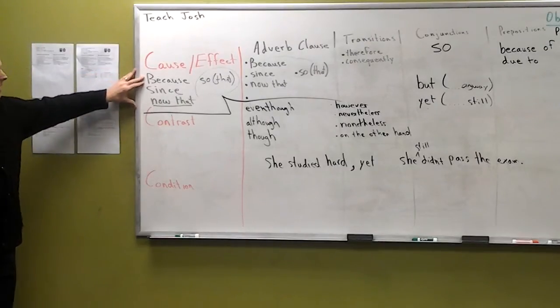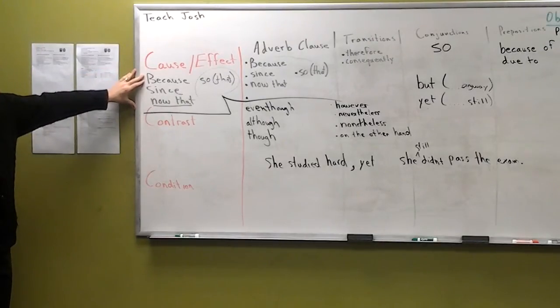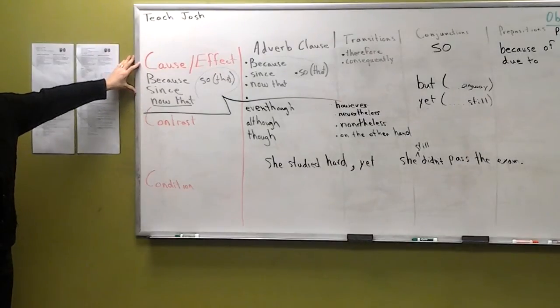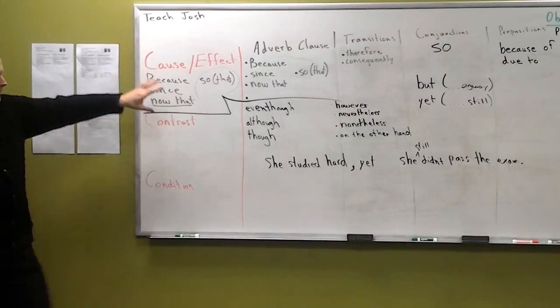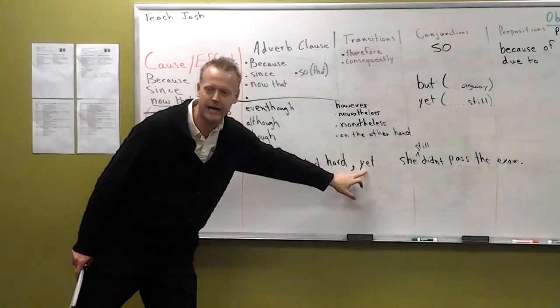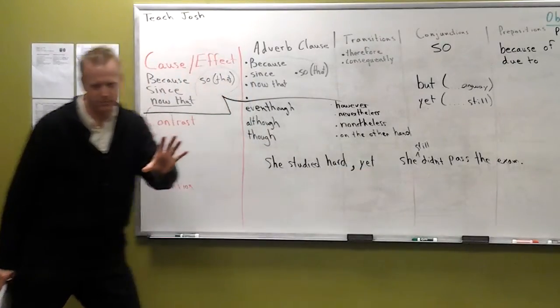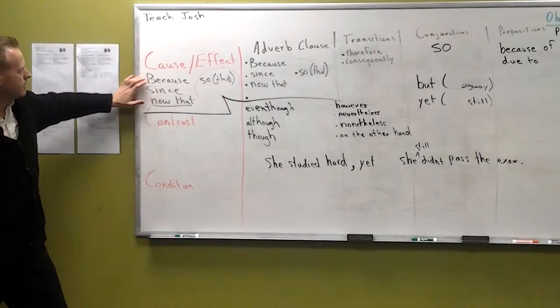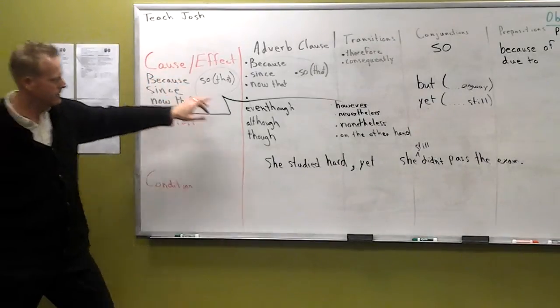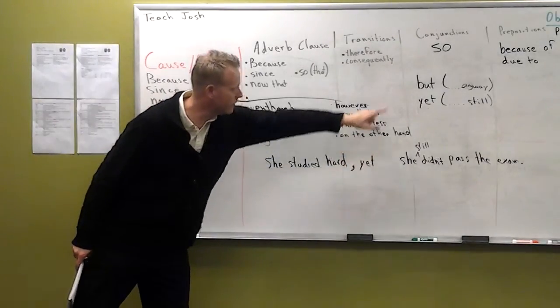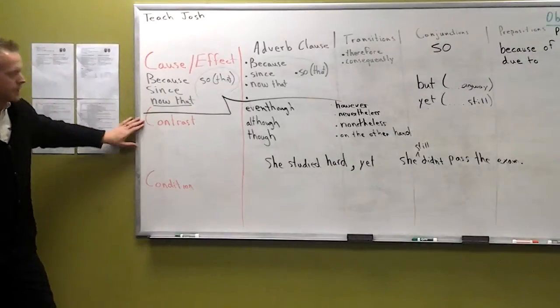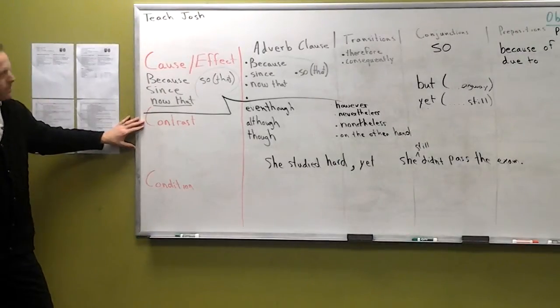When you use a because, a couple things. You're showing a cause and effect. Remember, when you use a yet, you're showing a contrast. So just remember, a because shows cause and effect, and a yet or a but shows a contrast. So that's the first thing, okay?